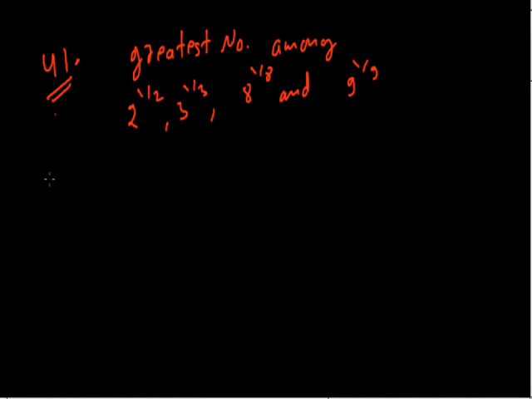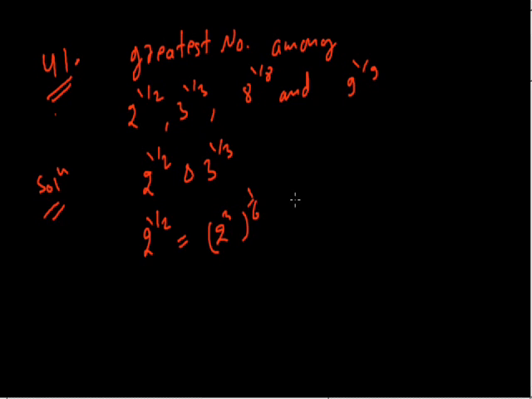Now, for this, first we compare 2^(1/2) and 3^(1/3). We take the LCM of 2 and 3, that is 6. So 2^(1/2) can be written as (2^3)^(1/6), which equals 8^(1/6).